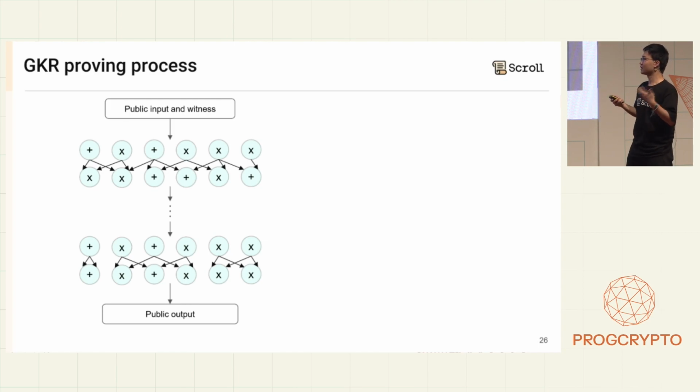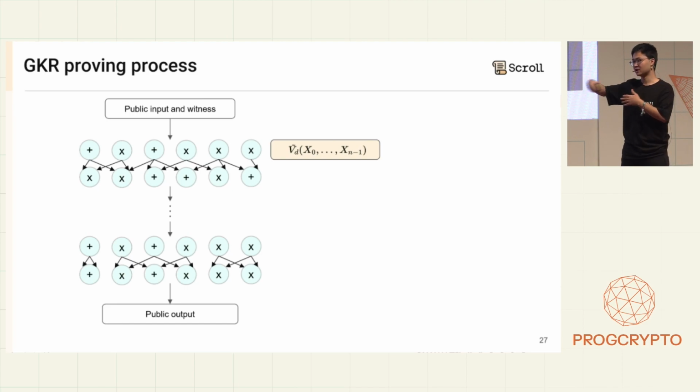And how do we prove this? In every layer, because there are addition and multiplication gates, there are input variables. In each layer there will be a multivariate polynomial interpreted from the variables in that layer.